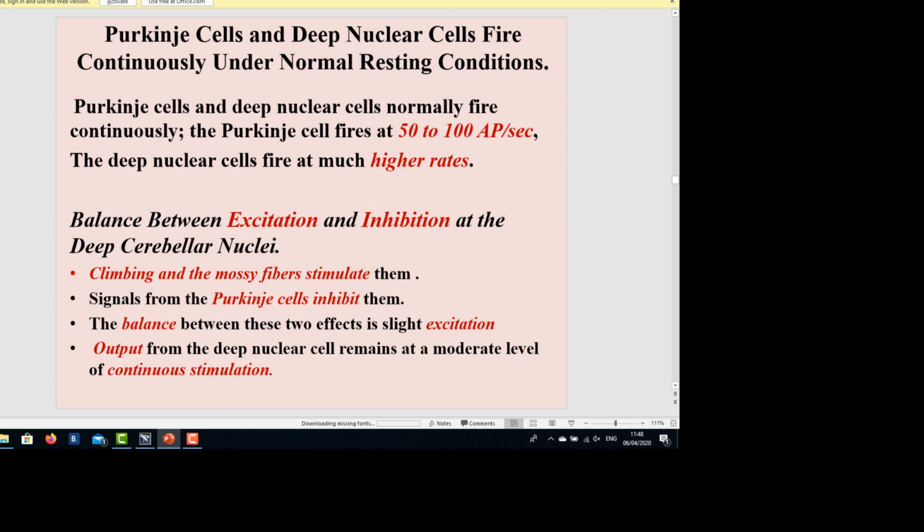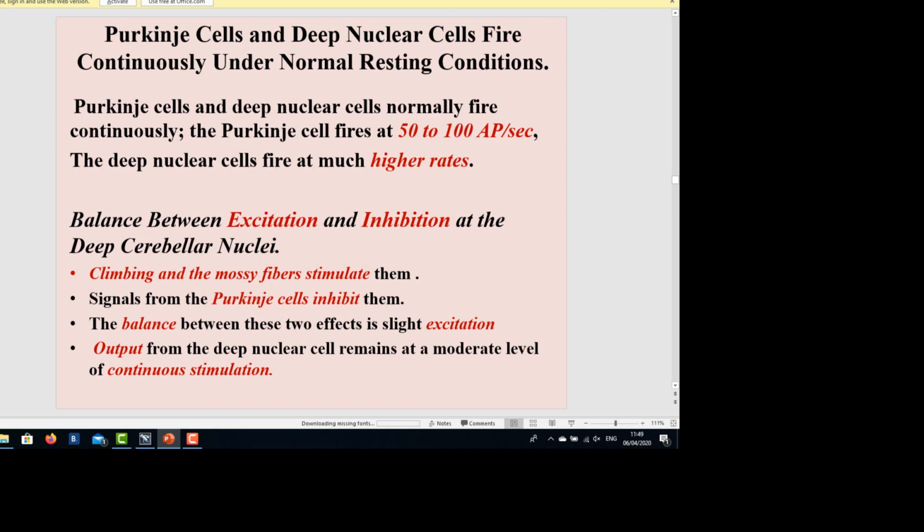Purkinje cells and deep nuclear cells normally fire continuously under resting conditions. The Purkinje cell fires at 50 to 100 action potentials per second. The deep nuclear cells fire at much higher rates.